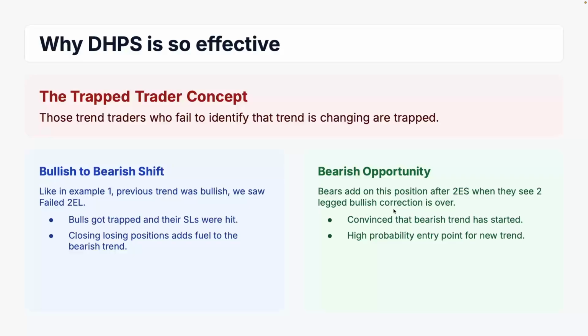When they see the two-leg bullish correction is over, they are convinced that the bearish trend has started. There is a high probability entry point for the new trend. So these are the three reasons why it is effective. They trap traders. Okay, there is a shift in the bullish to the bearish or the bearish to the bullish trend.